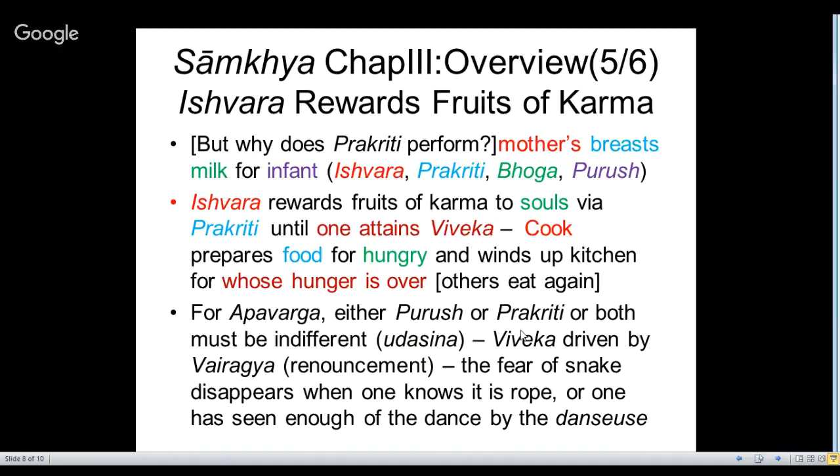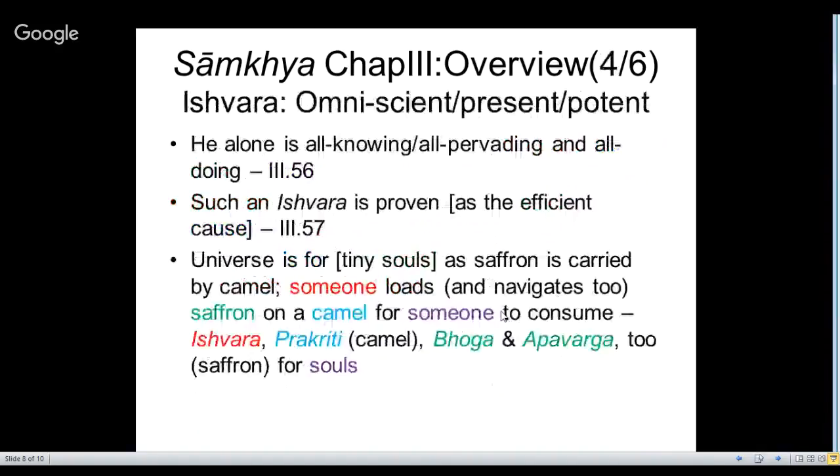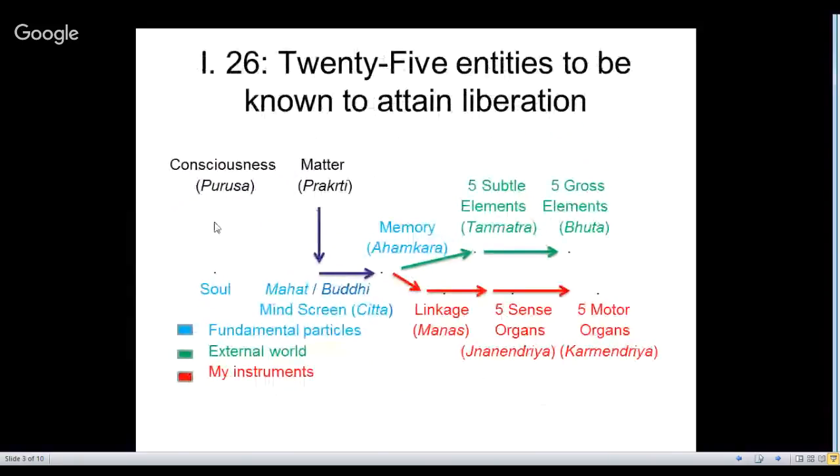Either Purush or Prakriti or both. The statement is Dvayo Ektasya. Dvayo means both of them or at least one of them should become udasin. Udasin means indifferent to the other one. It is a pair, namely Purush and Prakriti. If you see this diagram, this is the pair he's talking about.